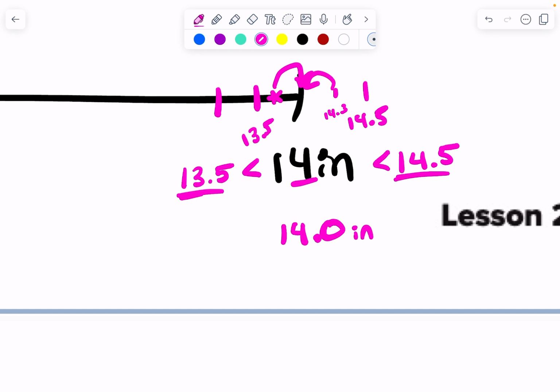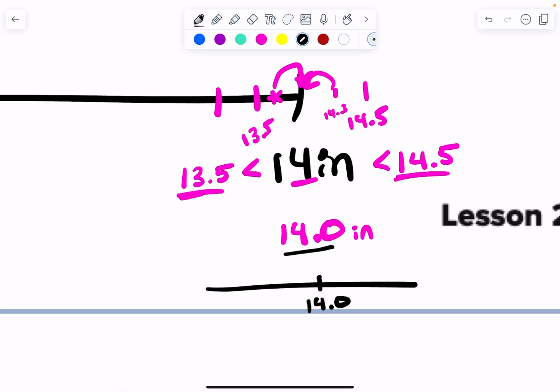Okay. If I say it's 14.0 inches, here's where my 14.0 is, right? Let's say I did 14.3. 14.3 is not going to round down to 14.0, right? From 14.0, the next increment of measurement would be 14.1.